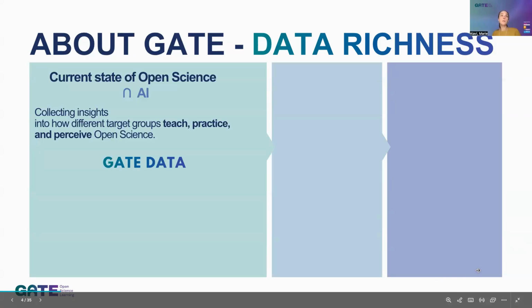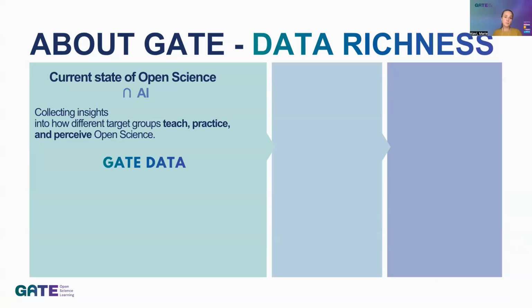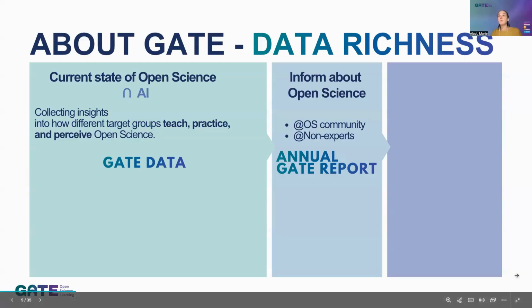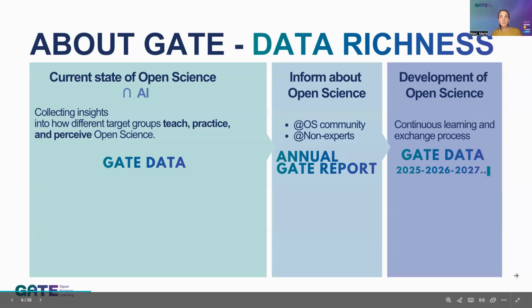And we are not only collecting information about open science in general, but also open science at the intersection with AI. And we aim to publish GATE reports annually summarizing our findings. And thus we want to inform the open science community, but also non-experts about how open science is practiced and what the main guiding thoughts of open science are.